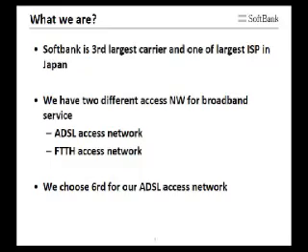The second one is an FTTH access network, which is newly developed recently. We chose 6rd for our ADSL access network. Today, let me explain why. We chose a different solution for the FTTH access network because it has different characteristics.